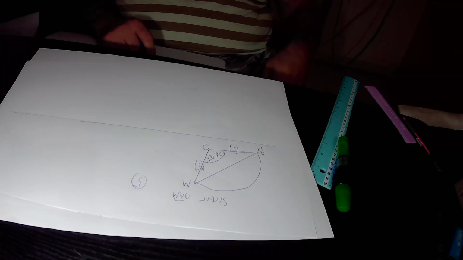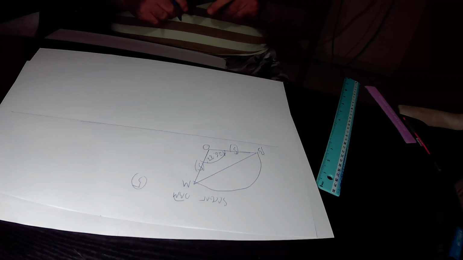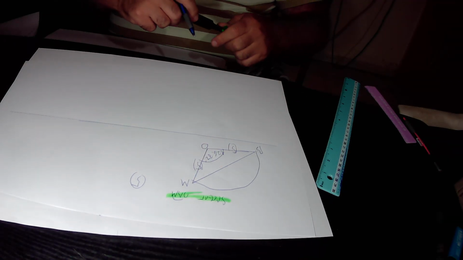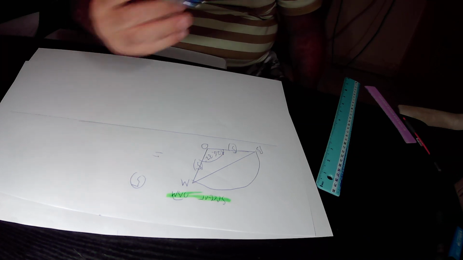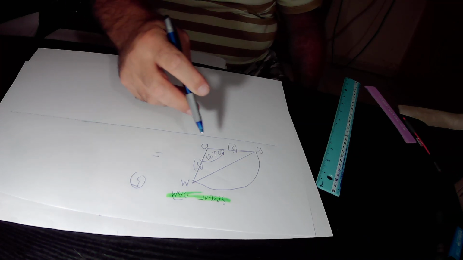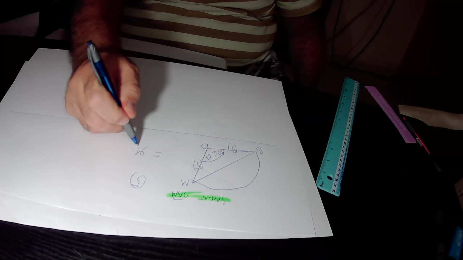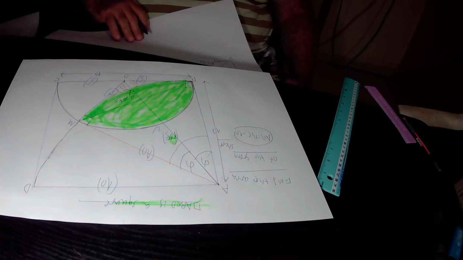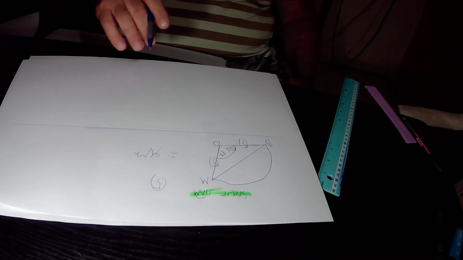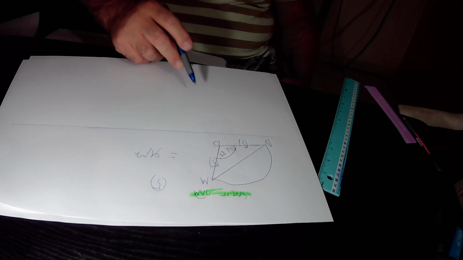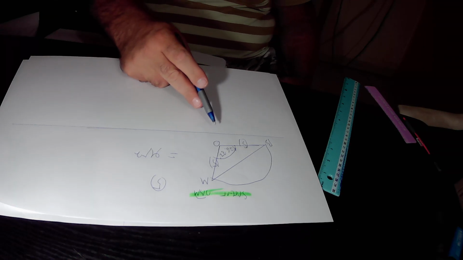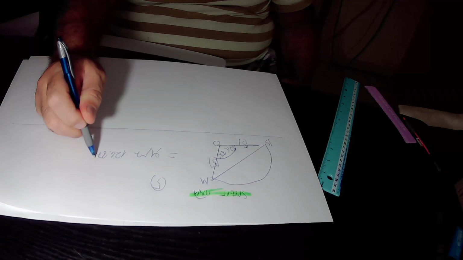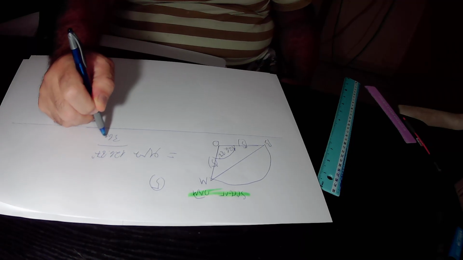The area of this sector OBM, according to the formula that I presented to you a couple minutes ago, equals pi r squared, the area of the circle that contains the sector, times the angle between the legs of the sector, 126.87 degrees over 360 degrees.